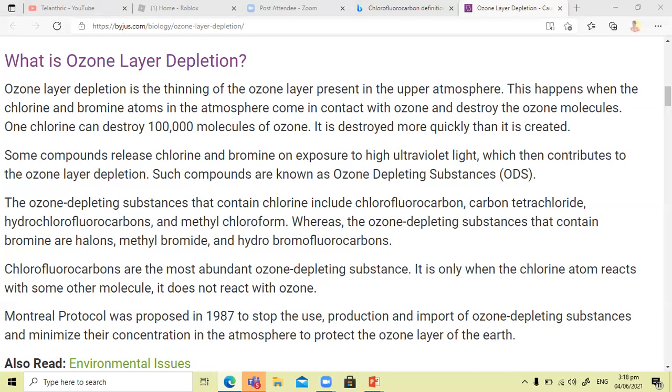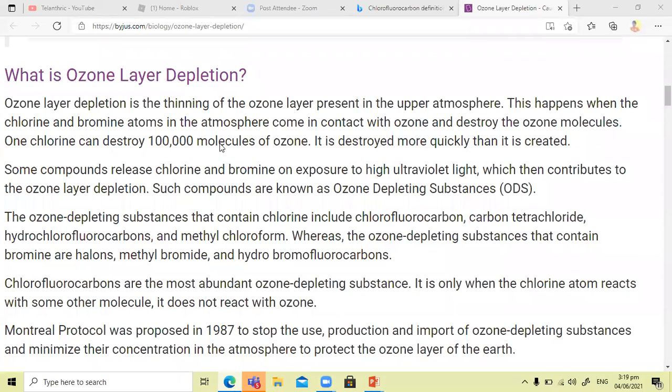Chlorofluorocarbons are the most abundant ozone depleting substance. It is only when the chlorine atoms react with some other molecule that it does not react with ozone. The Montreal Protocol was proposed in 1987 to stop the production and import of ozone depleting substances and minimize their concentration in the atmosphere to protect the ozone layer of the Earth.